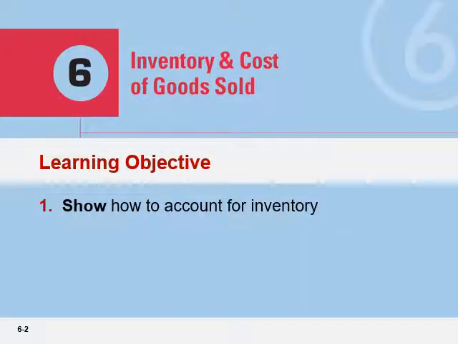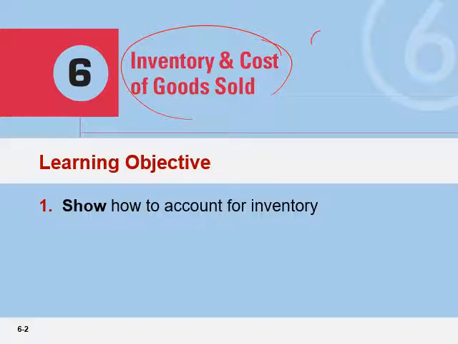Today we are starting a new chapter which is called inventory and cost of goods sold. So basically we are finishing the fourth part of our balance sheet.